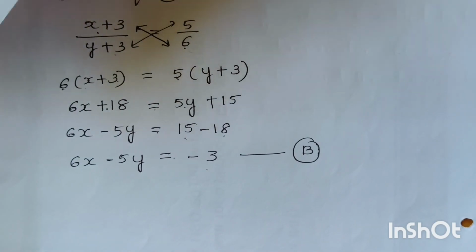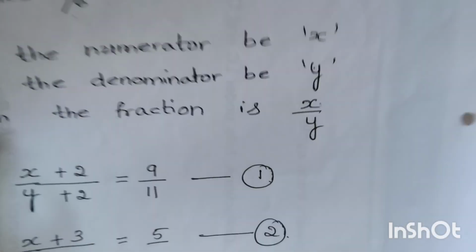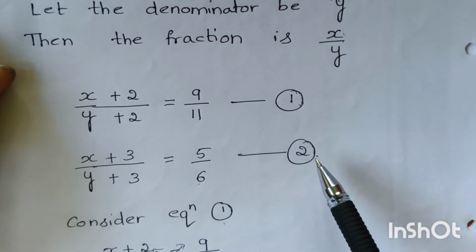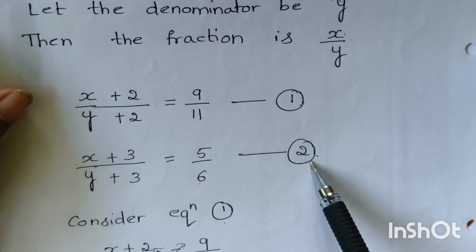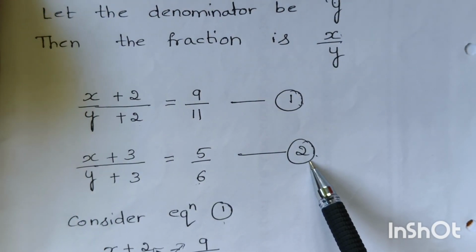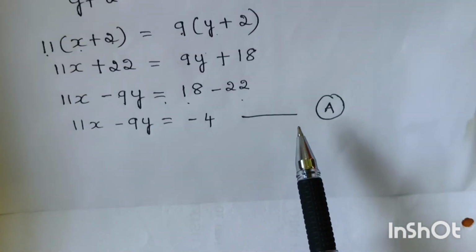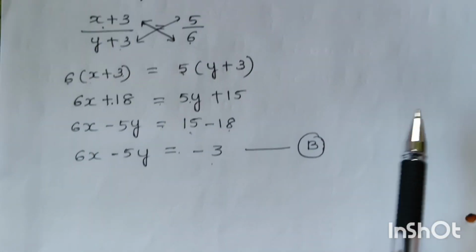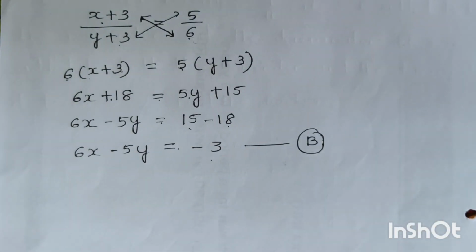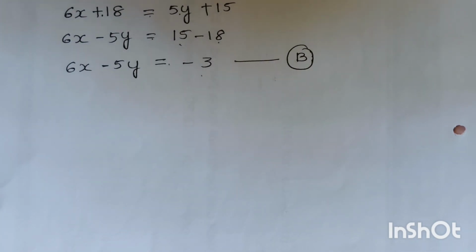Now we have to forget about these two equations, that is equation 1 and 2. We just have to take the simplified equations of 1 and 2, that is A and B. First let me write.